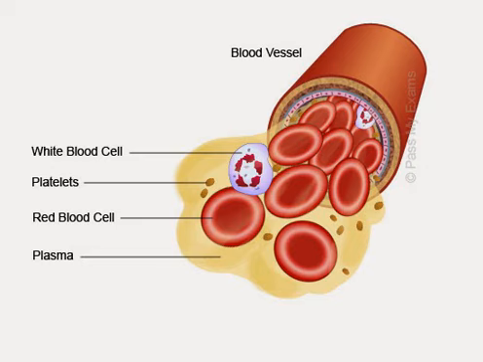Then let's look at the clotting factors and their synonyms. Fibrinogen is factor 1, prothrombin is factor 2, tissue factor is factor 3, calcium is factor 4, factor 5 is labile factor, factor 7, there's no factor 6, factor 7 is a stable factor, factor 8 is anti-hemophilic factor A, factor 9 is Christmas factor or anti-hemophilic factor B, factor 10 is Stuart-Prower factor, factor 11 is anti-hemophilic factor C, factor 12 is Hageman factor, and factor 13 is fibrin stabilizing factor.